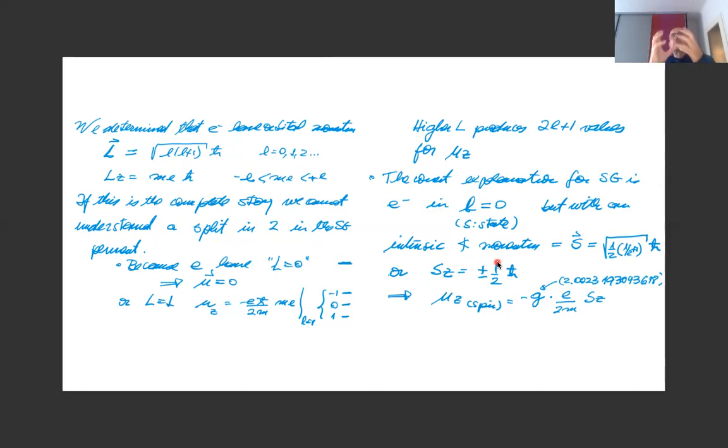If you have a sphere of charge, a spherical distribution of charge, and you make that rotate at a high velocity, since it's rotating, it will have first of all an angular momentum, okay, and then in addition a magnetic moment.